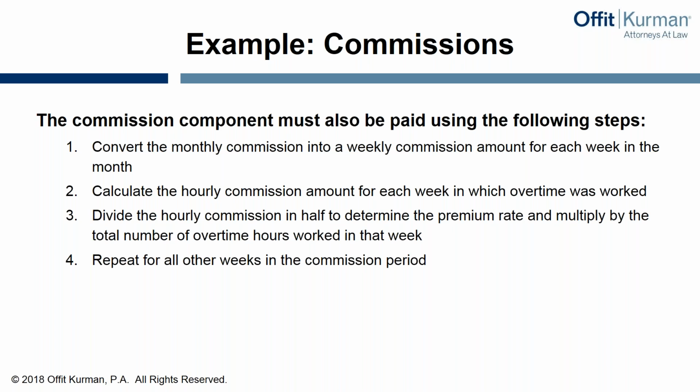So 4333 times 12 is 52,000. You divide that amount by 52 weeks in a year, and you get $1,000 per week for that month. So the week that we've been talking about where the employee worked 50 hours, the amount of commission that is attributable to that week is $1,000.